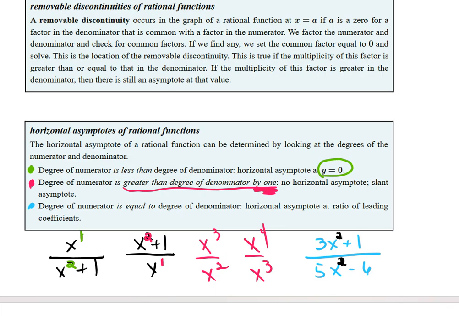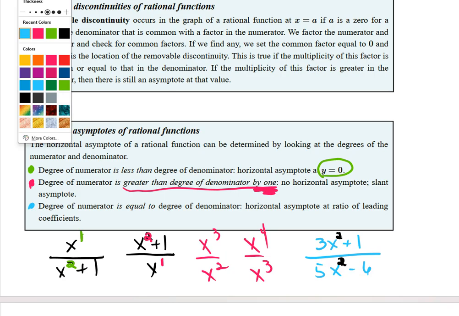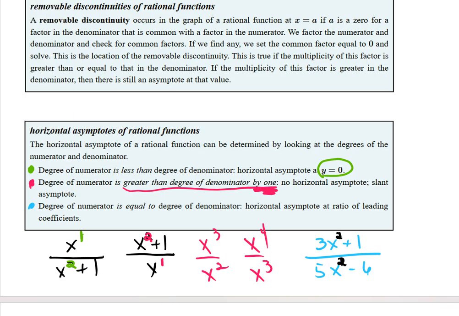If they are equal in degree, the horizontal asymptote is the ratio of the leading coefficients. The 3 and the 5 are your leading coefficients, so your horizontal asymptote will be at y equals 3/5.